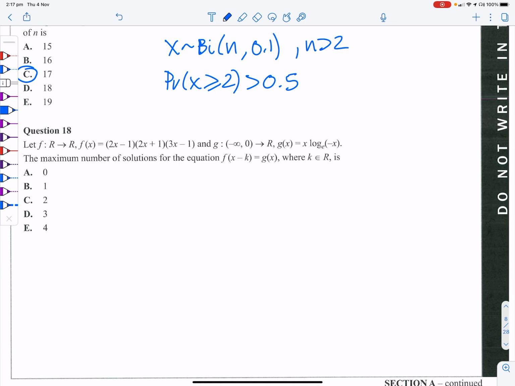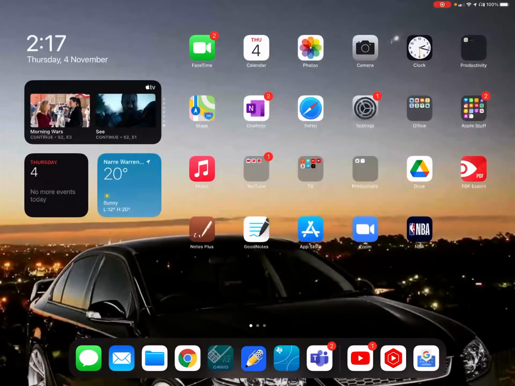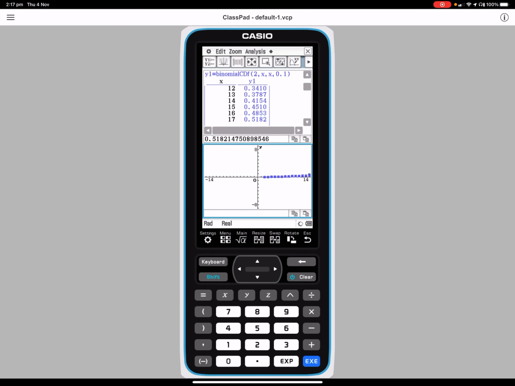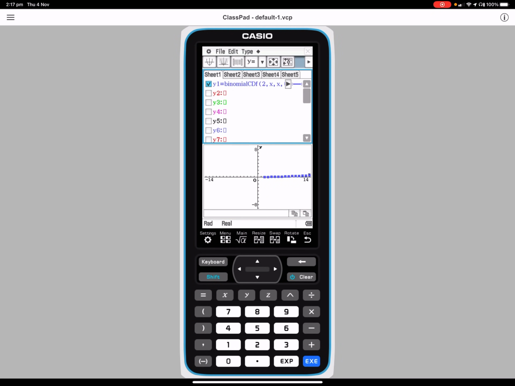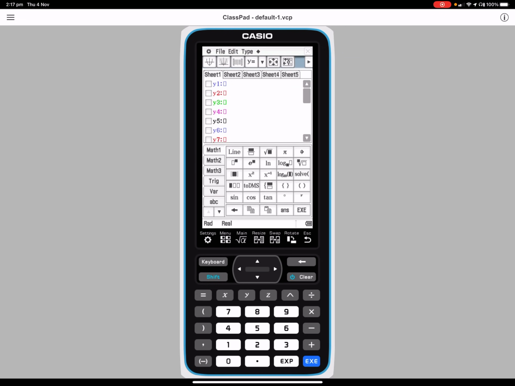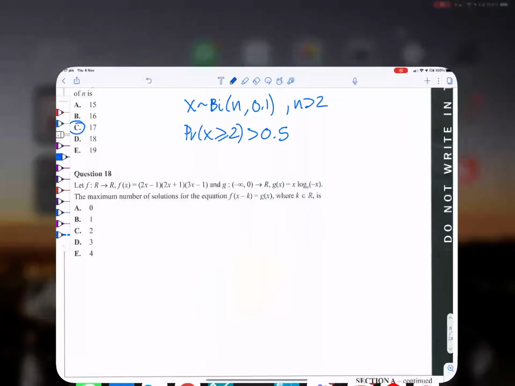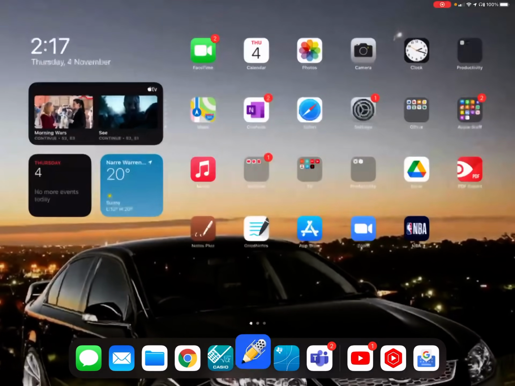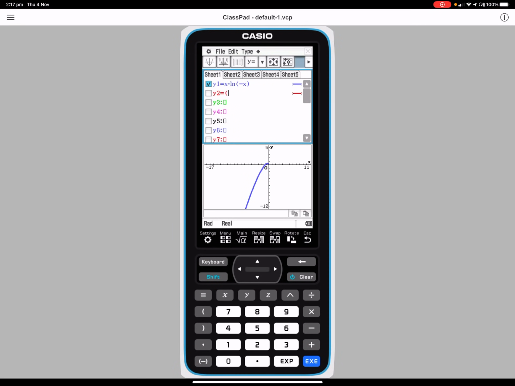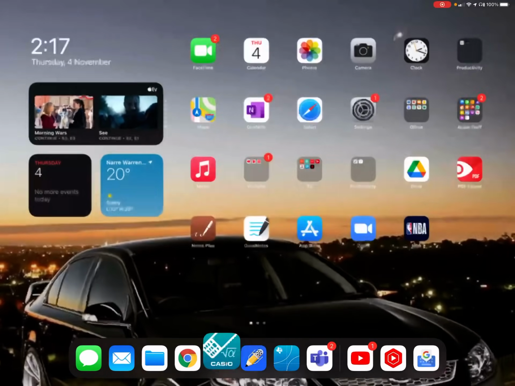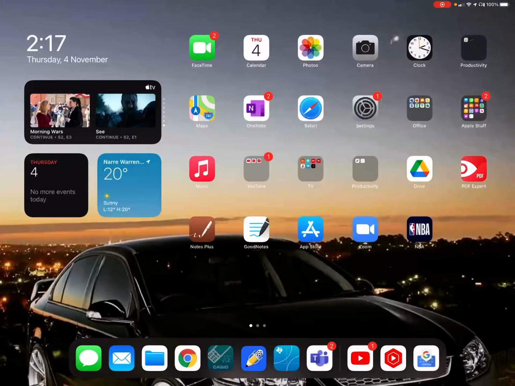Okay, the maximum number of solutions for that, where k is a real number. Okay, so x log e negative x, x natural log negative x. And then our other graph is 2x minus 1, 2x plus 1, 4x squared minus 1, and then 3x minus 1.